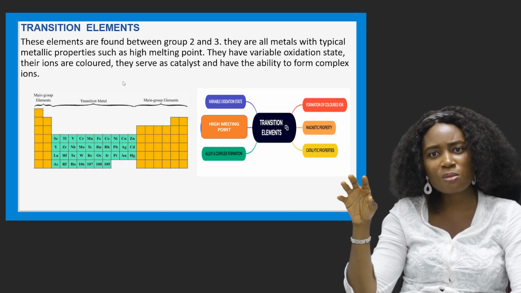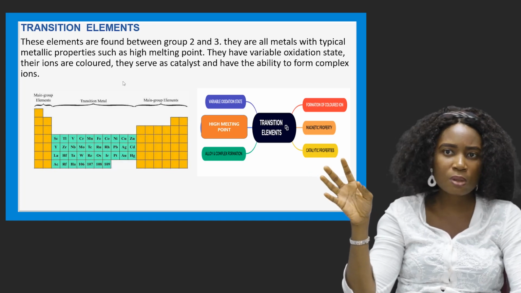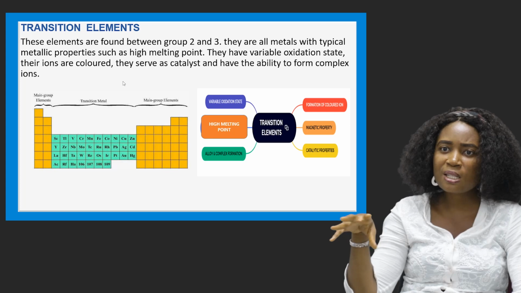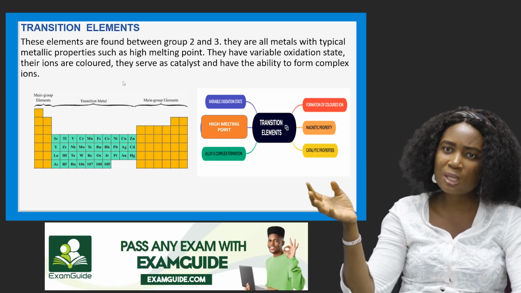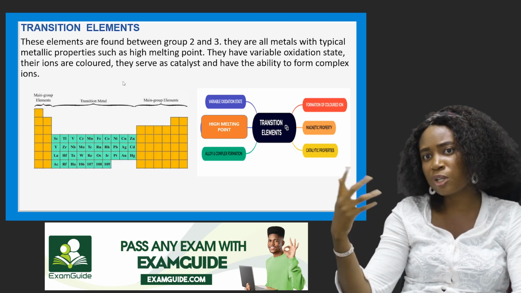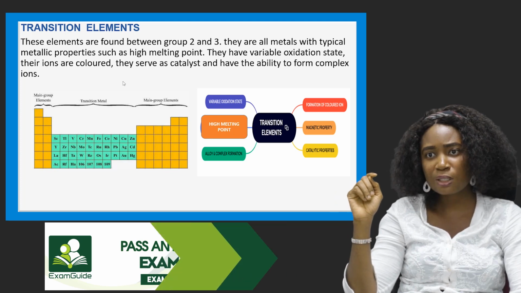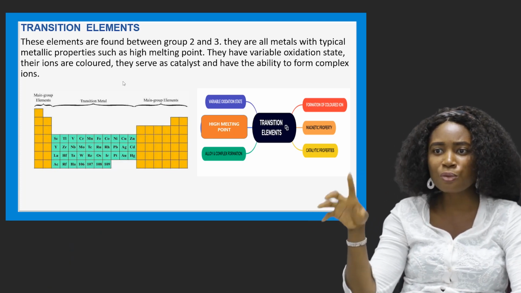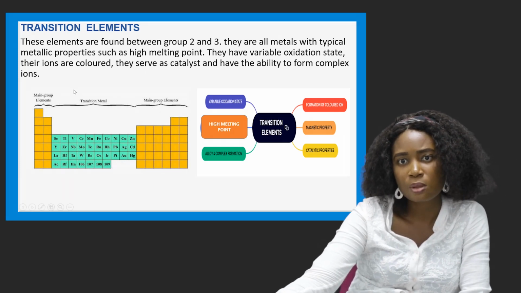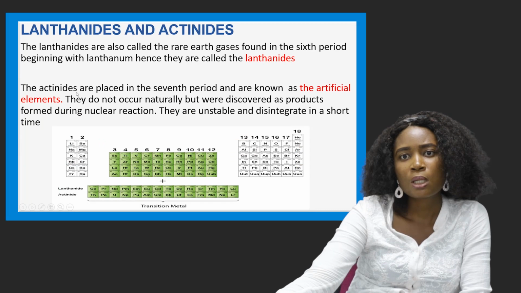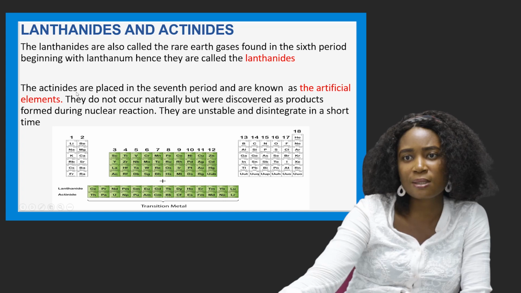We also know that they have colored ions. Also, they serve as catalysts. For example, we have vanadium(V) oxide serving as a catalyst in the preparation of ammonia. Also, these transition elements have the ability to form complexes. They form complex ions.